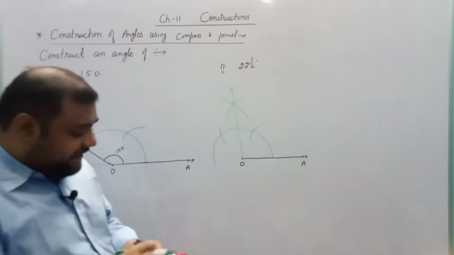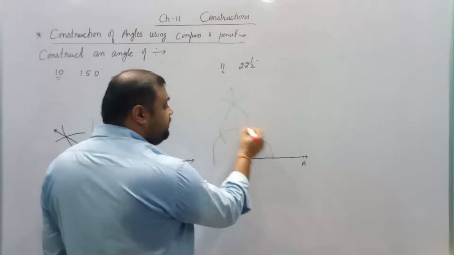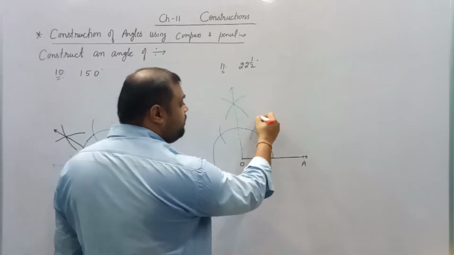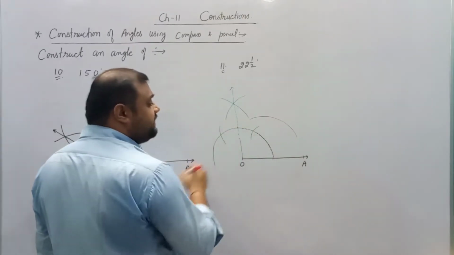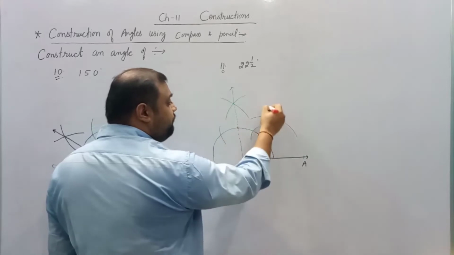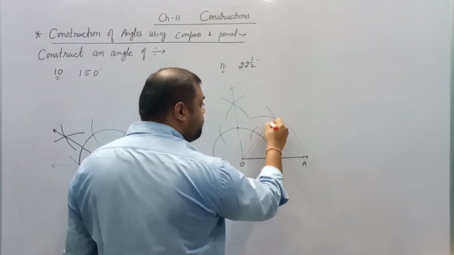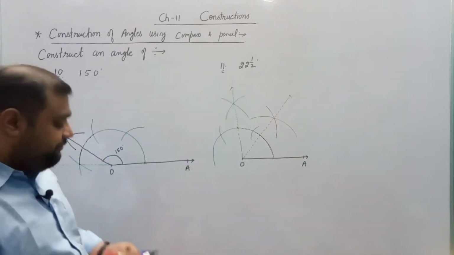Angle bisector of 90, taking this point as center and more than half of this arc, draw an arc. Taking this point as center and more than half of this arc, draw another arc. This angle is 45 degrees.